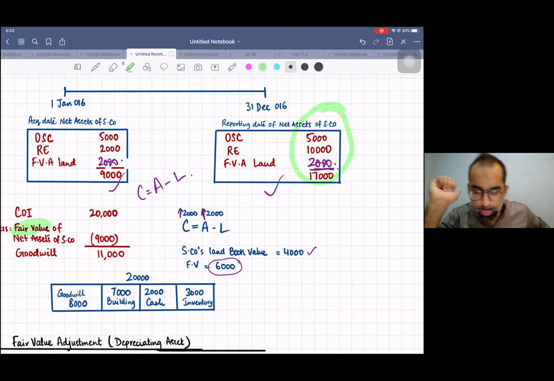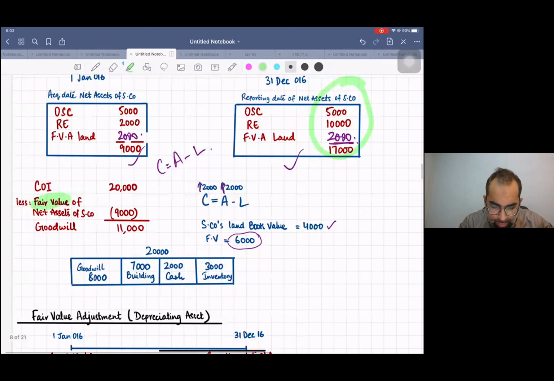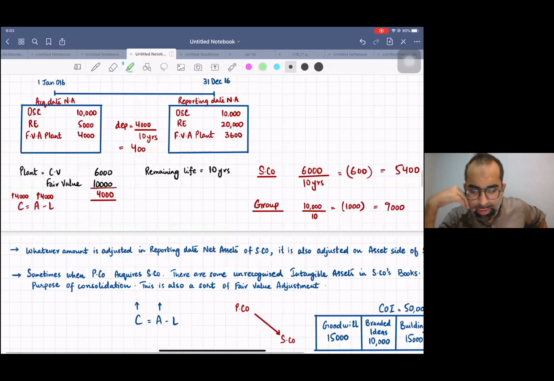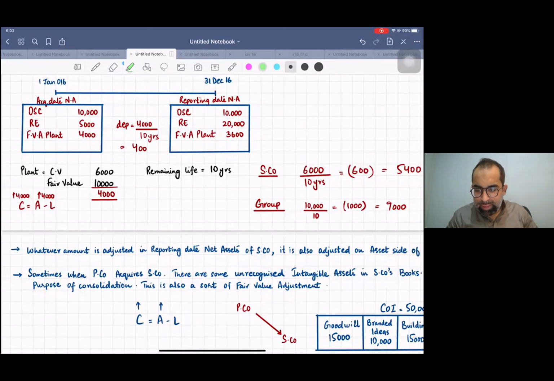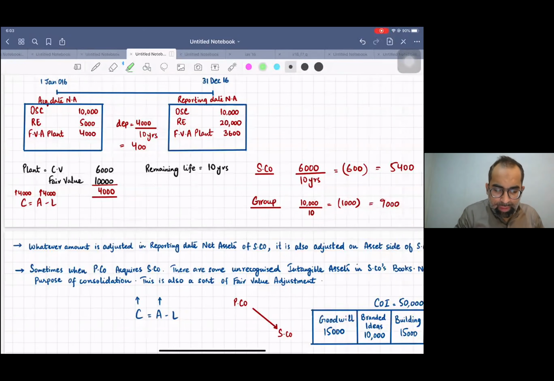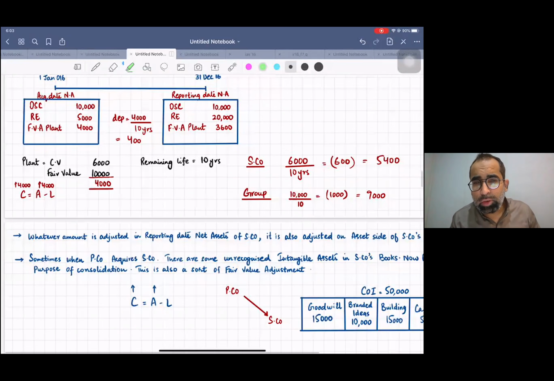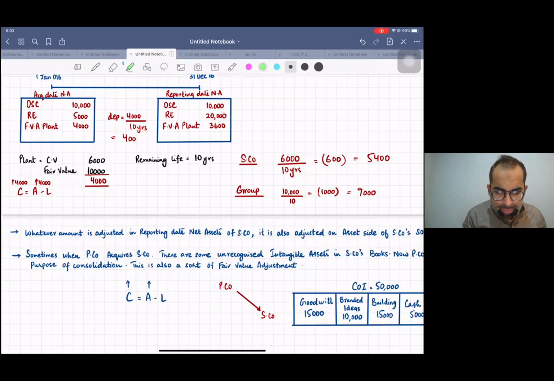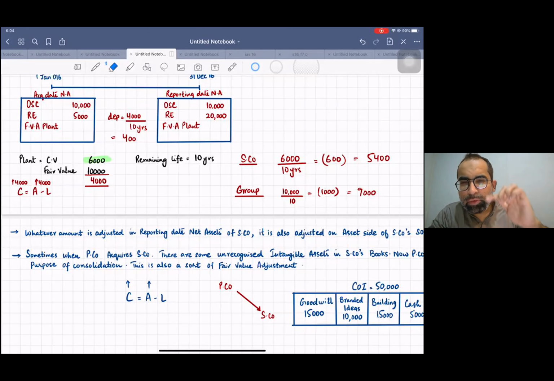Now, if this is a depreciating asset, for example a plant of S company, with carrying value of 6,000 and fair value of 10,000, from 6,000 to 10,000 how much is the upward revaluation?